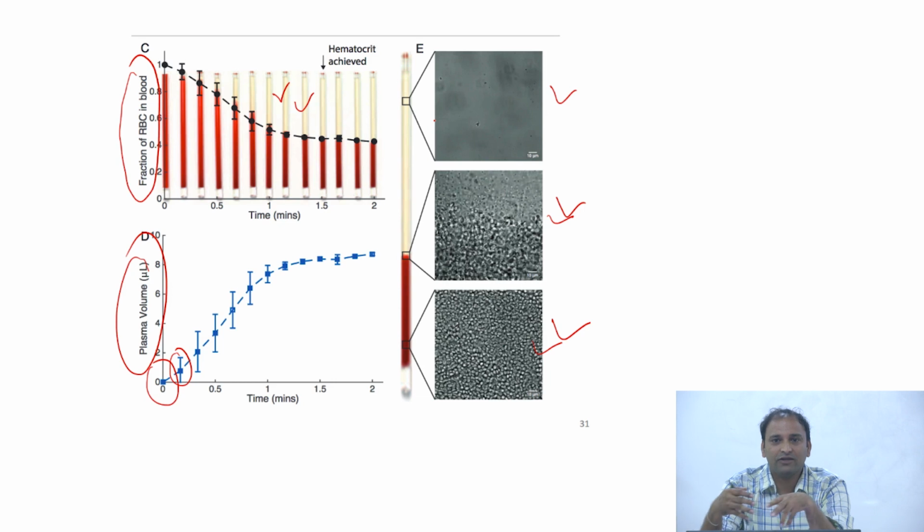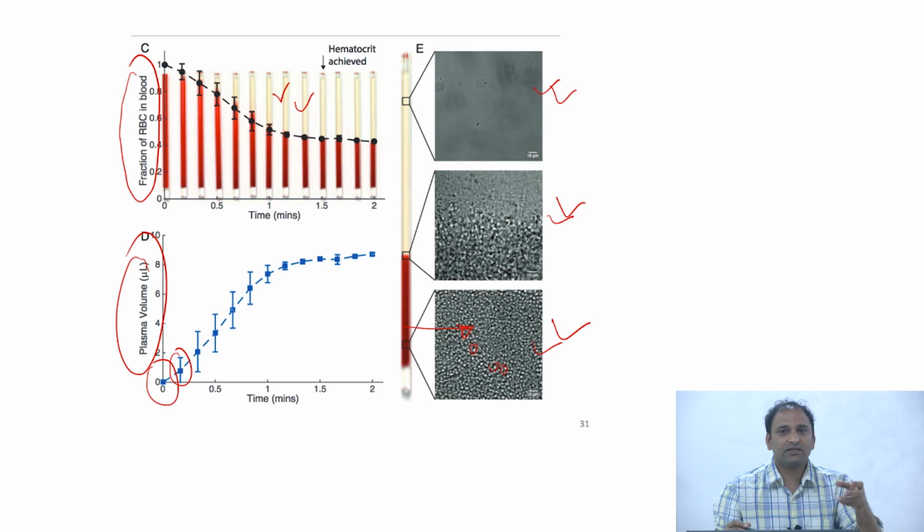Another way of confirming this would be to take out a small sample from different locations and do microscopy. If I do microscopy on a small sample from the top, I don't see anything. However, if I take a sample from the bottom and do microscopy, it's not a very high magnification image, but you can see some small circle-like things here.